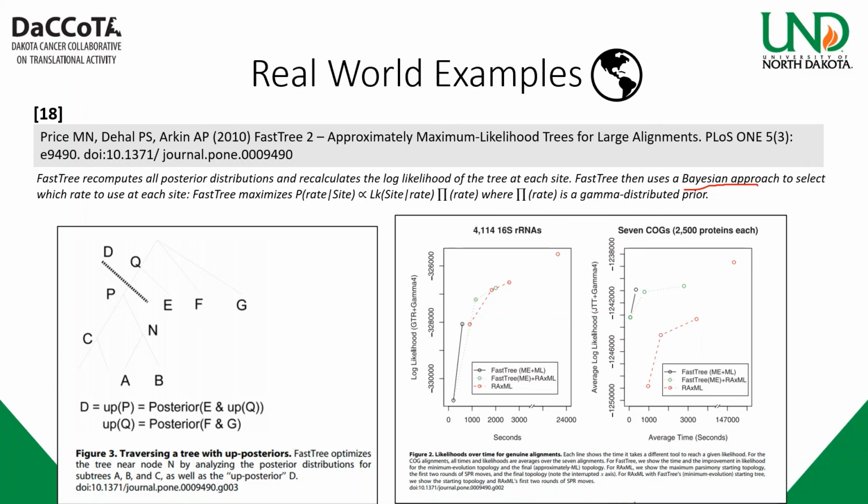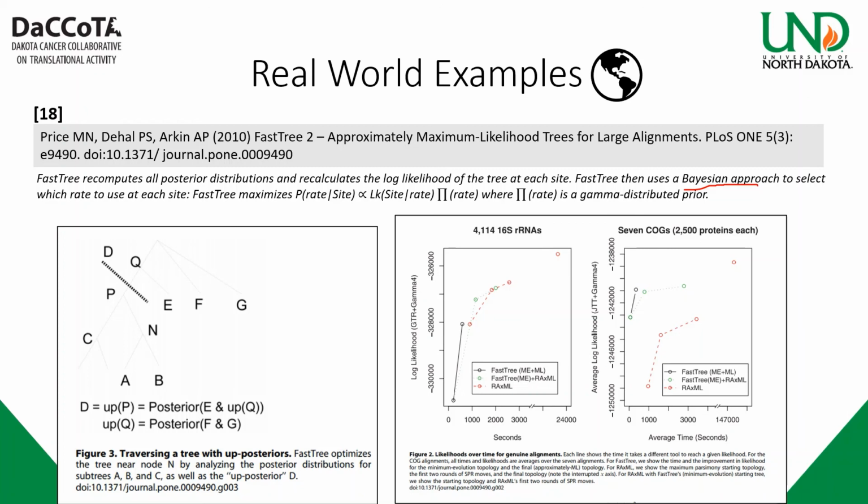Bayesian analysis can be pretty time and computationally expensive. We see that with FastTree 2, or by adding this other tool, they can get pretty good results.